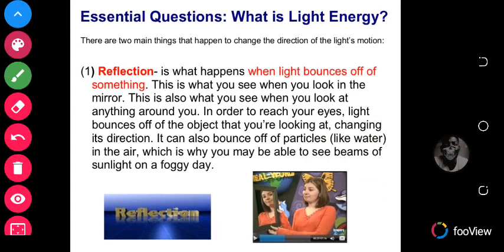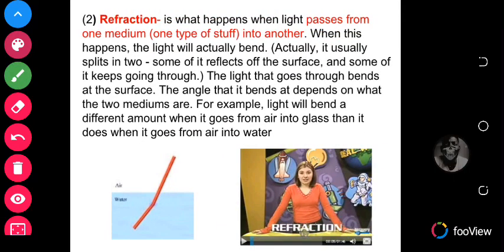With light energy, we have something we call reflection, and reflection is what happens when light bounces off something. We also have another word, refraction, and refraction is what happens when light passes from one medium into another.